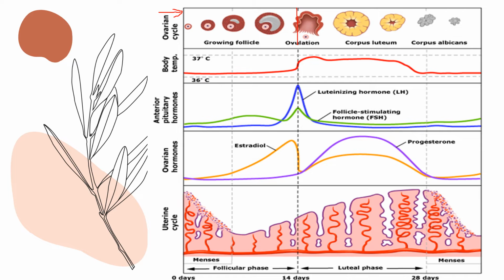So if we look at the hormone development as we walk through these different stages of the follicular phase, you can see that originally we have very low levels of estrogen, very low levels of progesterone here in the purple, low levels of our luteinizing hormone in the blue, and of FSH in the green.